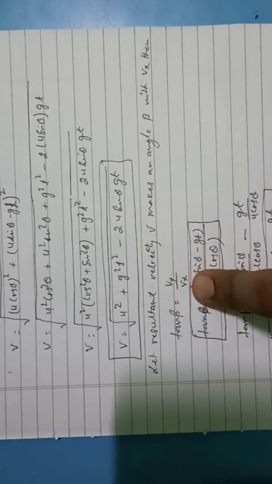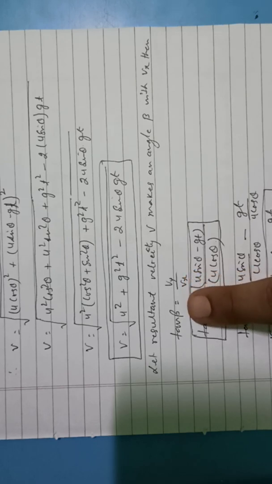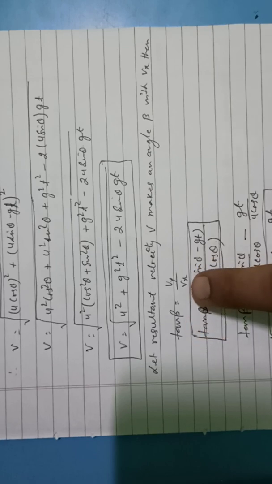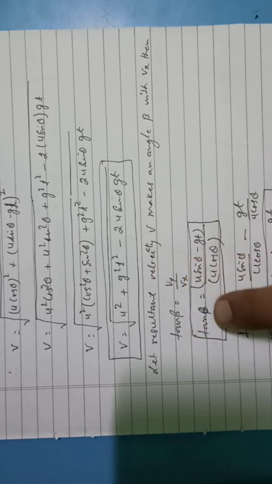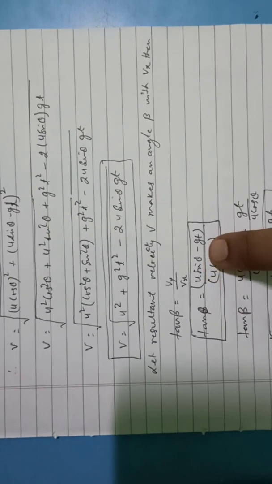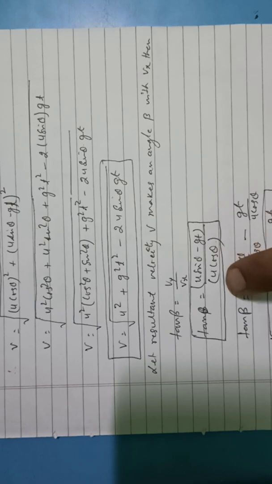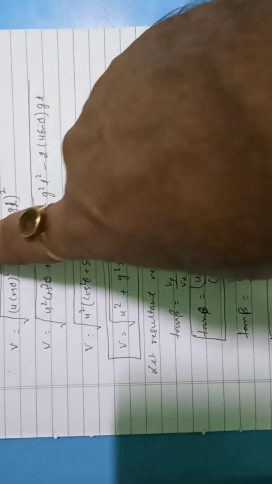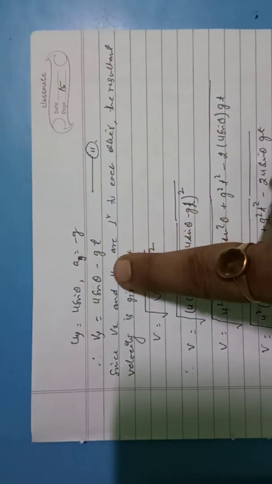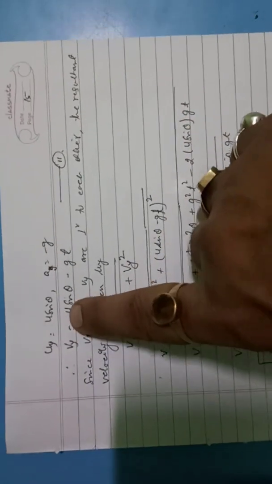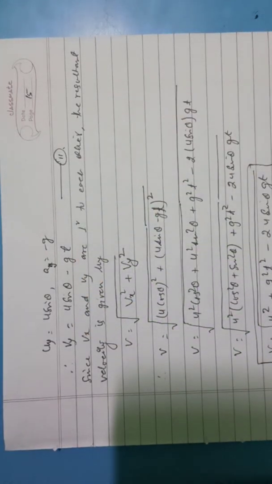Always, slope is equal to tan theta is equal to y by x. We have these values from the above equation 1: Vx is equal to U cos theta, Vy is equal to U sin theta minus gt.